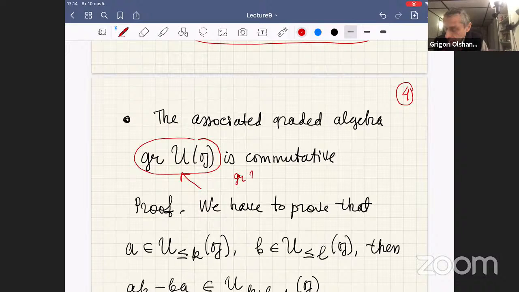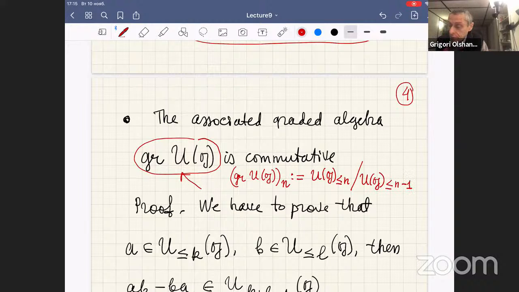In this algebra, the homogeneous component of degree n is, by definition, the quotient of this subspace modulo this subspace. So this is a general definition which works for any filtered algebra.